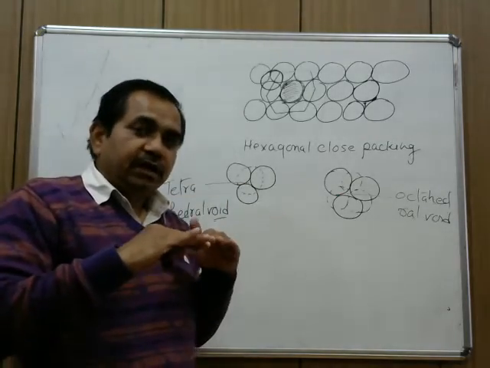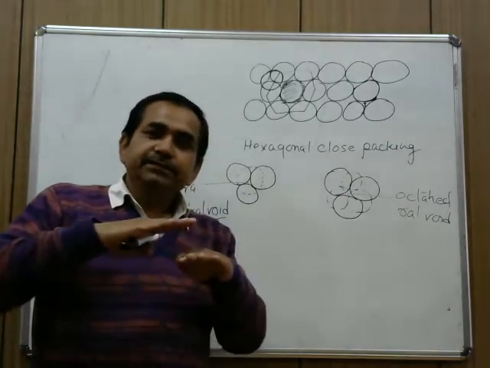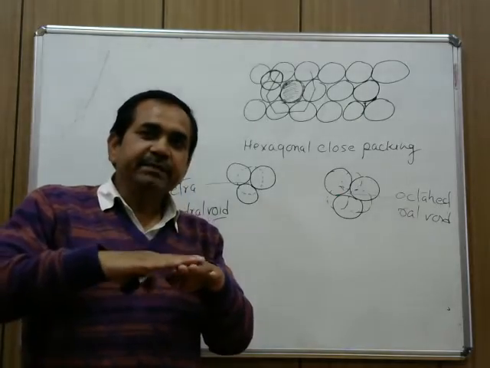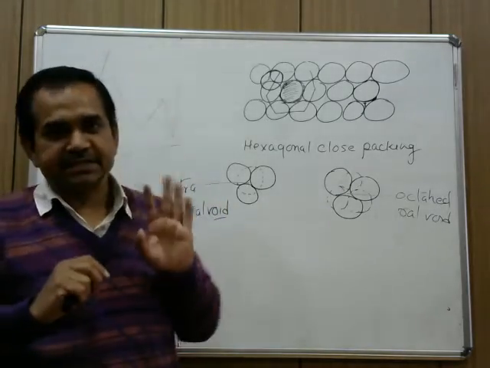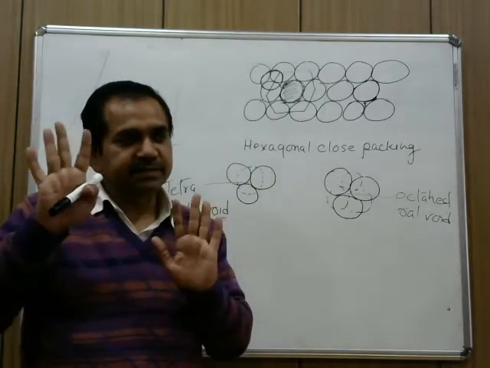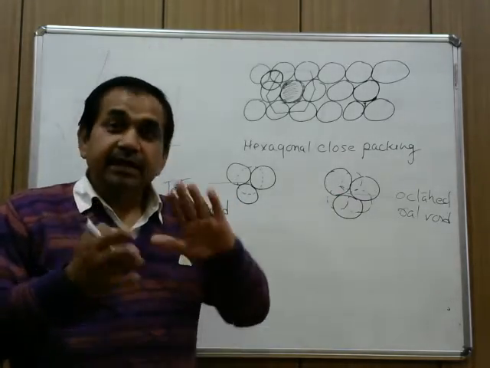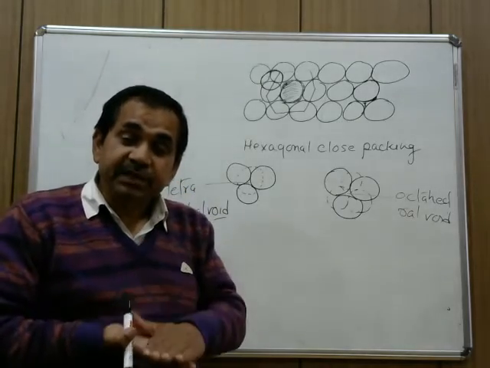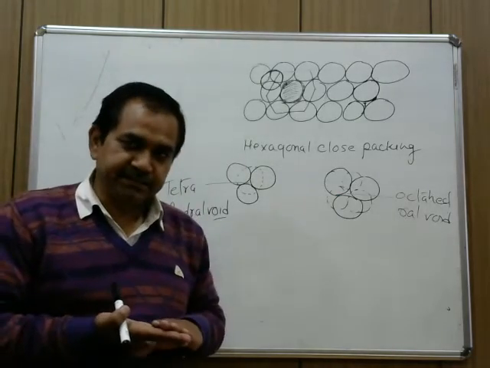Now stacking of the third row can be done in two different ways. The first row and second row remain the same in each case, but it is the spheres of the third row that make the difference.